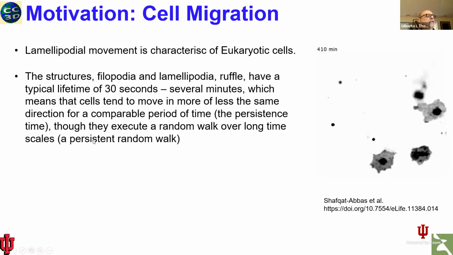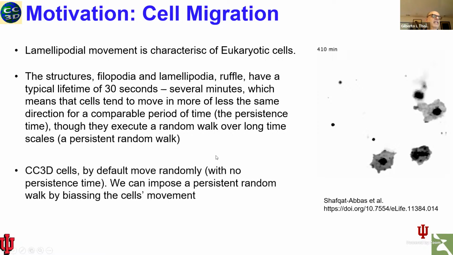So how do we implement this persistent random walk in the cell? In general, by default, CompuCell3D produces movements that are completely random because it's a statistical process in the Monte Carlo Metropolis algorithm.